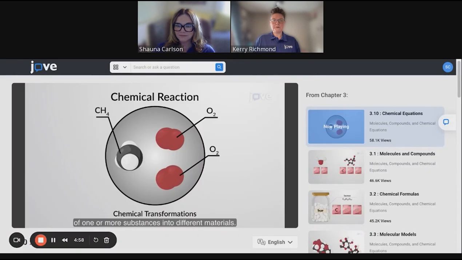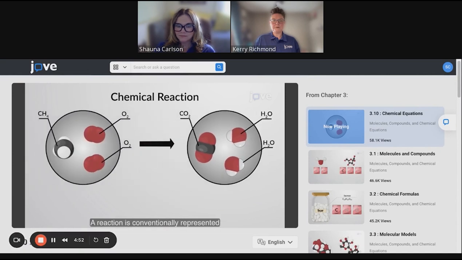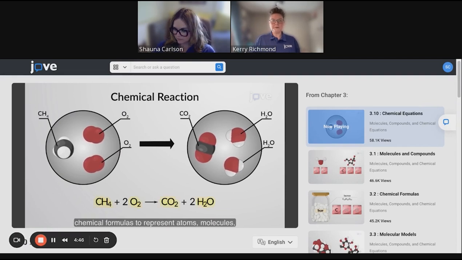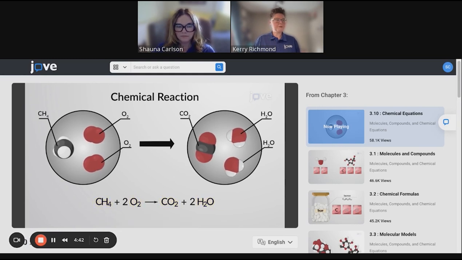Of one or more substances into different materials. A reaction is conventionally represented using a chemical equation, which utilizes chemical formulas to represent the atoms, molecules, or compounds involved. The substances present at the start of a reaction and consumed during the process are called reactants.